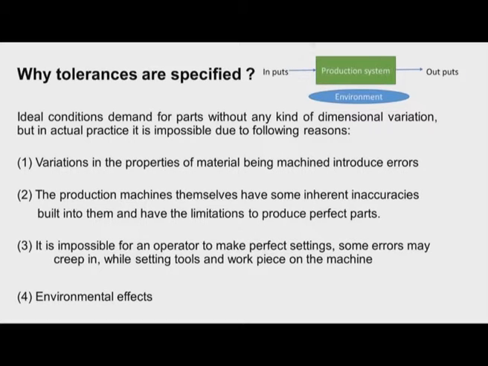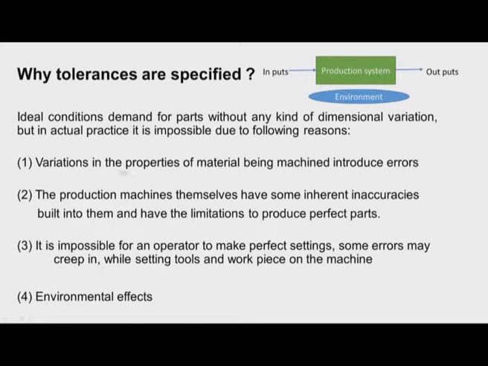So these are some of the inputs, and then finally all the inputs are used in a proper way, and then we get the output. And on the production system, always there will be definitely the environment will affect. Now ideal conditions demand parts without any kind of dimensional variation, but in actual practice we know that it is impossible due to the following reasons.